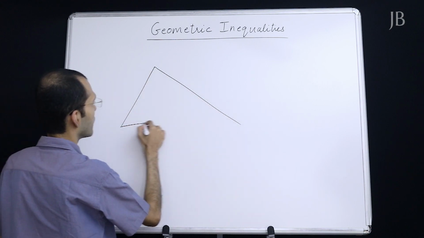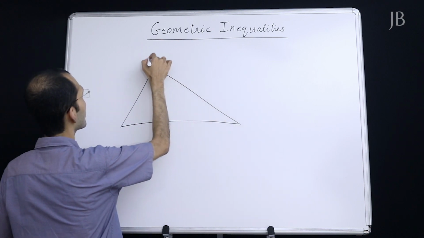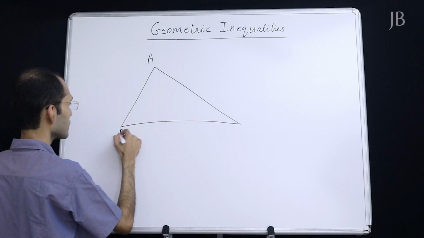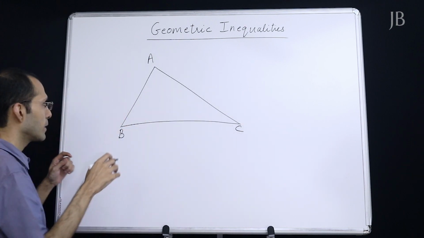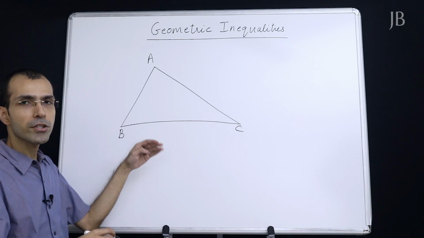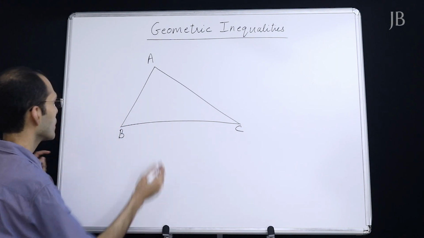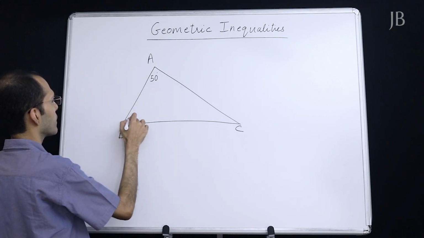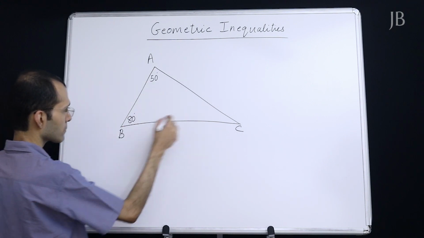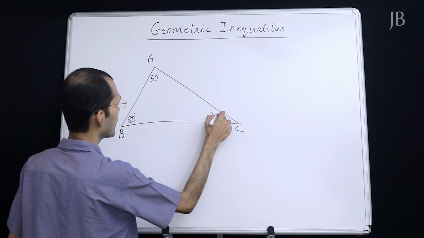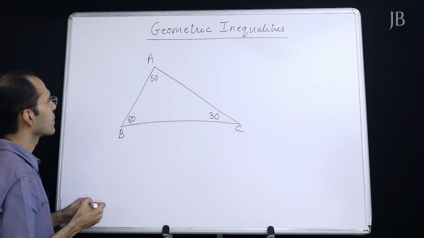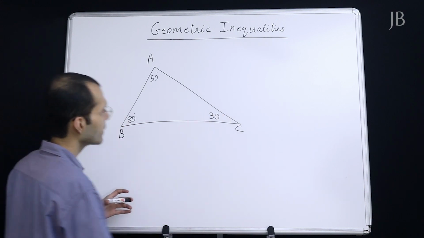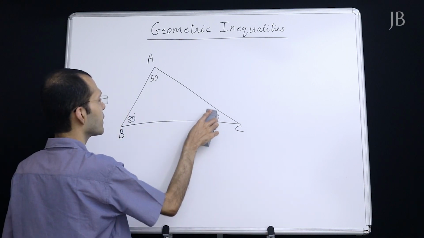Okay, let's consider triangle ABC, a scalene triangle. This time the measurements of the angles are given. Say this angle is 50 degrees, this is 80 degrees, so naturally this will be 30 degrees. No, 80 plus 50 is 130, now this also will be 50.